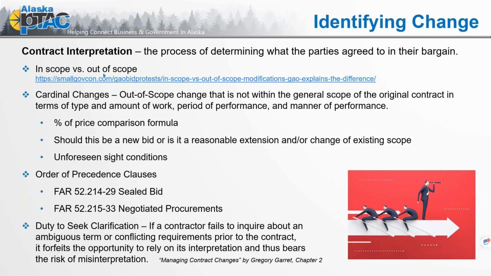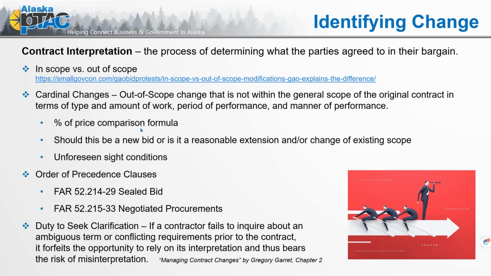So let's talk terminology. First of all, we have a cardinal change, which is an out of scope change that is not within the general scope of the original contract in terms of type and amount of work, period of performance, and manner. So we have what it is, when it's to be performed, and how it is to be performed. They can determine a cardinal change by the percentage of price comparison formula, and this one is probably the most known in the contracting world.